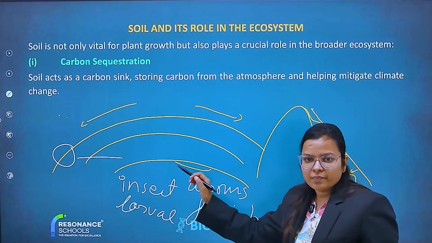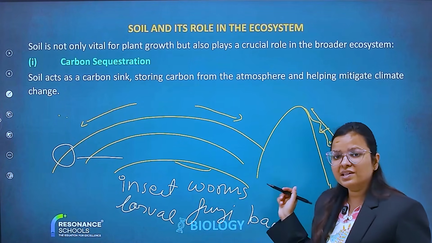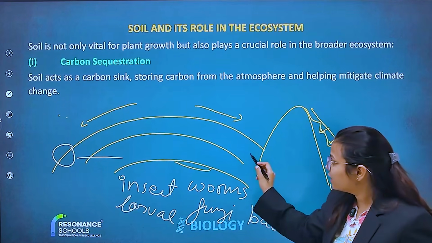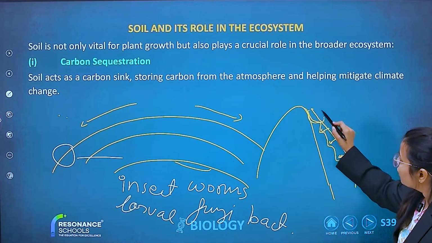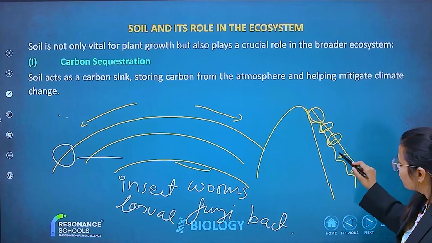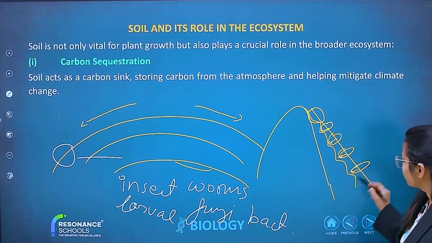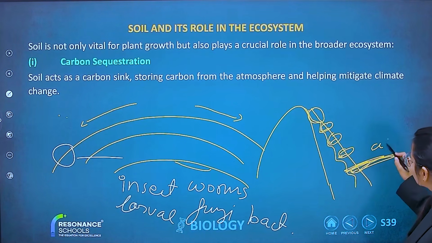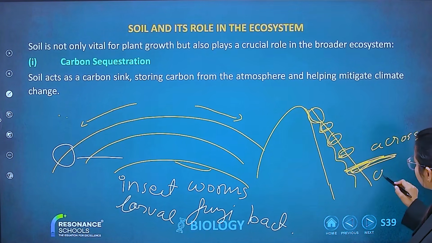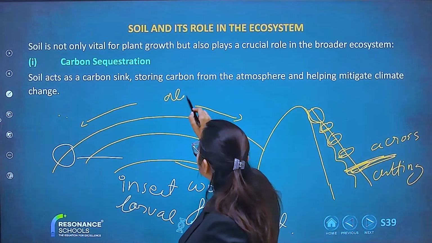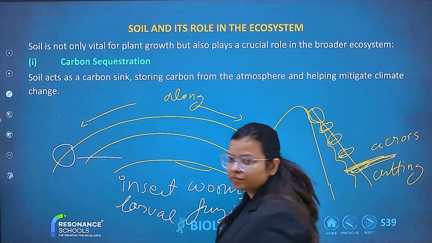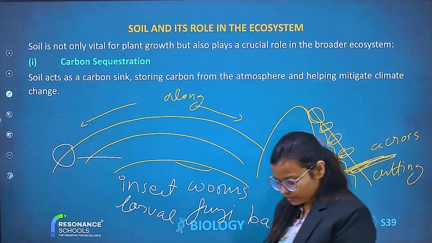In both cases we need plowing, but here plowing is along the land and here we have to cut small portions of the land. This is across cutting, and here it is along cutting. Across and along. Can you understand now?